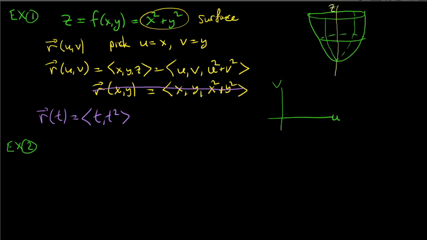So here's the z-axis here. In this case, u would be r. I'll put in the x and y axes too. And then v would be the angle theta. So we're basically using polar coordinates here, r and theta.